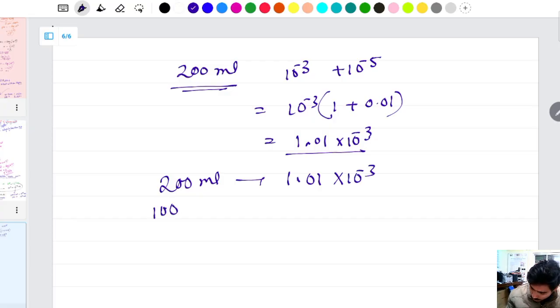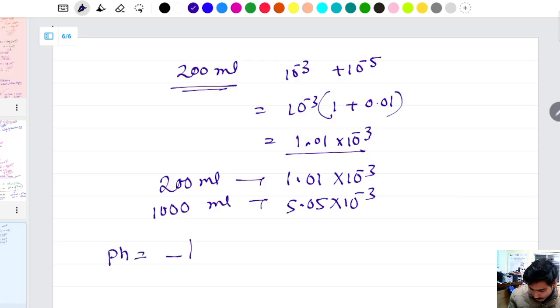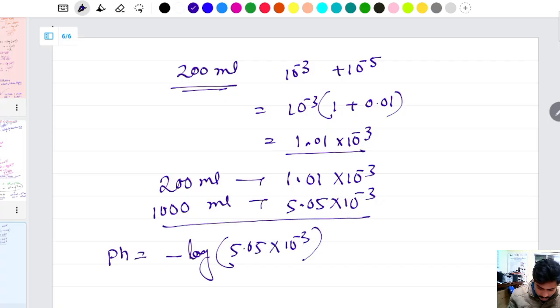Now in 1000 ml, what will be in 1000 ml? Into 5, it will be 5.05 into 10 to the power minus 3. Now pH equals minus log of concentration of H plus ion, like 5.05 into 10 to the power minus 3. Now you can say log of this plus log of that.